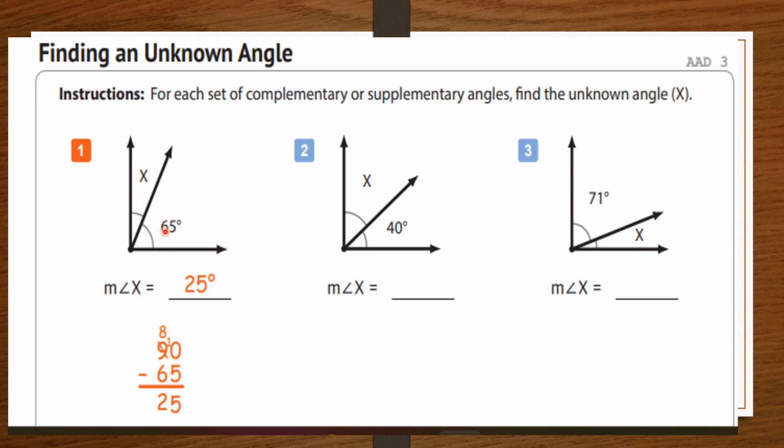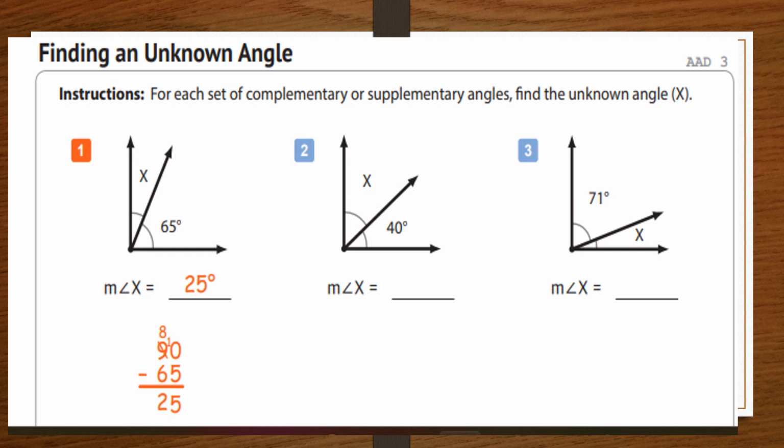Here we have x, so the measure of angle x is 90 minus 65, which is 25 degrees. For number two, the measure of angle x is 50, because 90 minus 40 is 50.